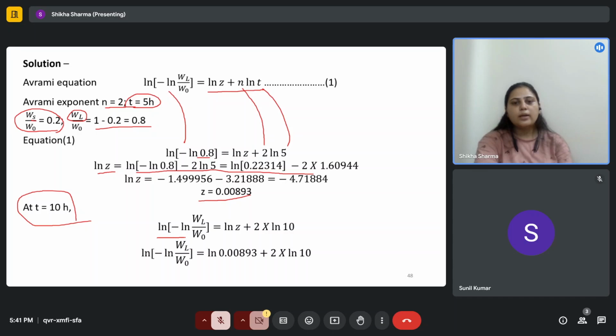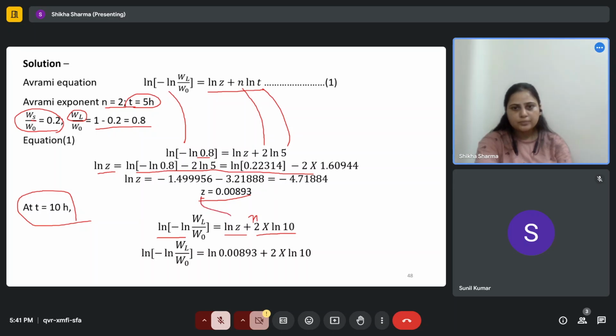Now at 10 hours we will put the same equation. So ln of minus ln Wl by W naught equals ln Z plus n ln t. So t is 10 here, n is given as 2. ln Z we have calculated, right?